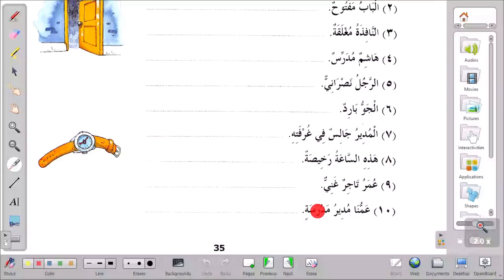If I want to say our paternal uncle was the head of a school, how do I say it? I'll just add kana, and then the mudir will now be mansub. So kana ammuna mudira madrasatin. I hope that is clear.